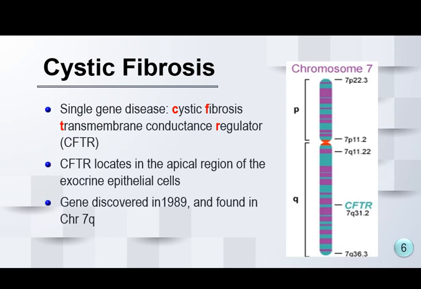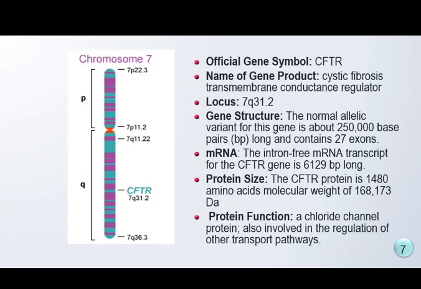For each visible band under the microscope, you can name it: this is the q arm, this is the p arm, and each visible band will be numbered 1, 2, 3, and this is 7q31.2. So the gene product is cystic fibrosis transmembrane conductance regulator, and the gene is sitting on 7q31.2. The gene is about 2,500 kilobase pairs long.